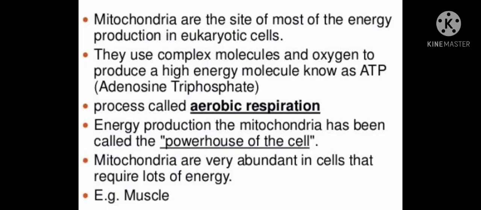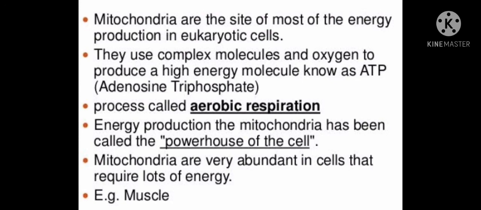The mitochondria are the site of most of the energy production in eukaryotic cells. They use complex molecules and oxygen to produce a high energy molecule known as ATP, adenosine triphosphate. This process is called aerobic respiration.